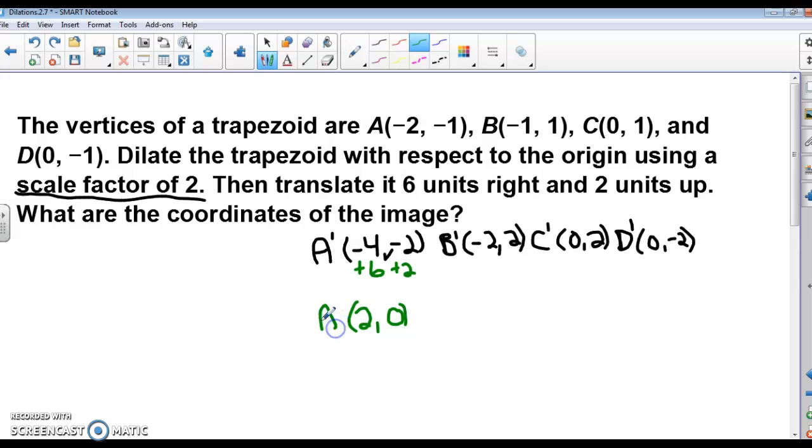So A double prime is 2, 0. B double prime, we'll add 6 to the x, add 2 to the y, and we get 4, 4.